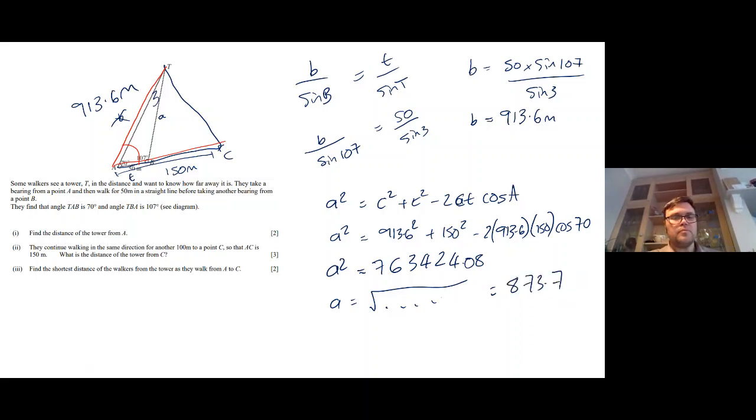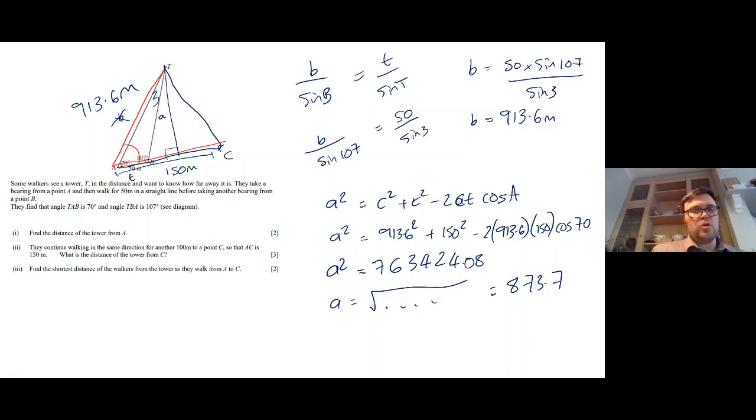And the last question: find the shortest distance of the walkers from the tower as they walk from A to C. We haven't been given any information, but if you remember, the shortest distance between two points is a straight line. So this straight line here would mean that it is perpendicular.